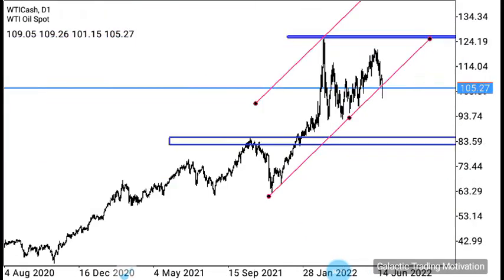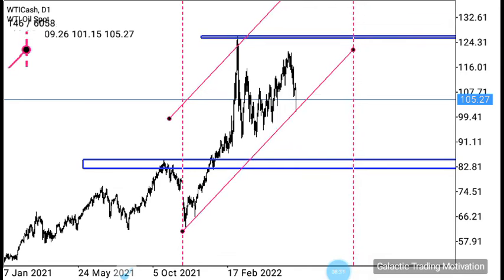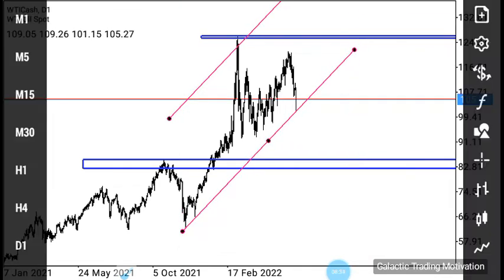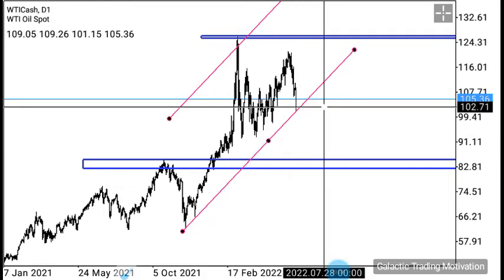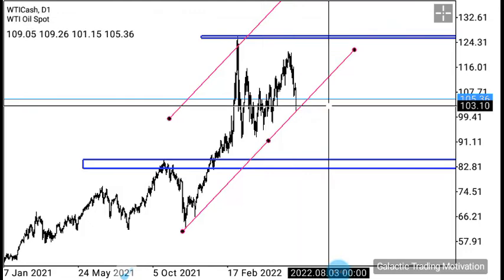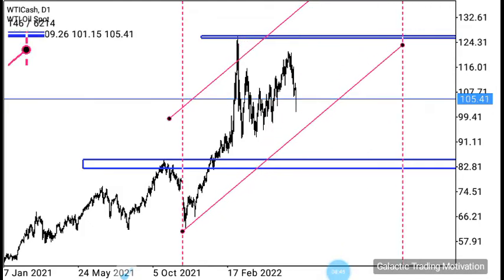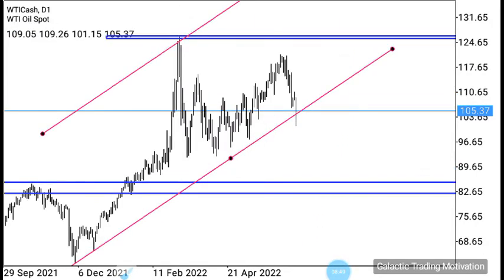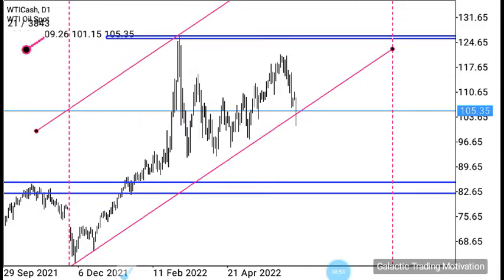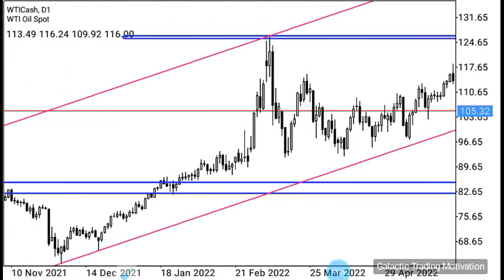The reason why I am not putting it here is because this current daily candle has not yet closed, so I can't put my channel there. So I have to put it more on the inside. Just bear with me, guys. There we go. There goes our daily channel.